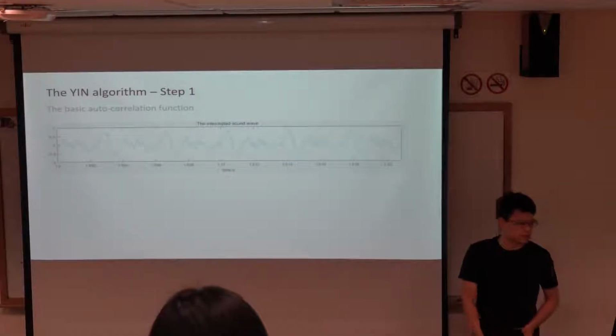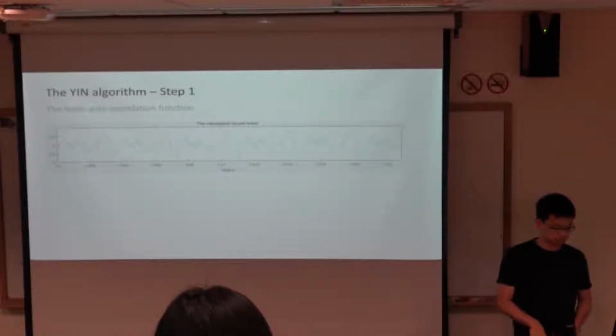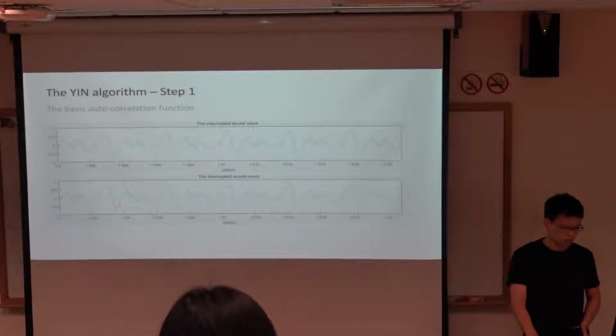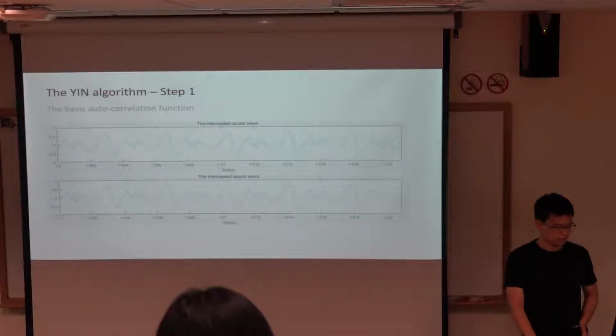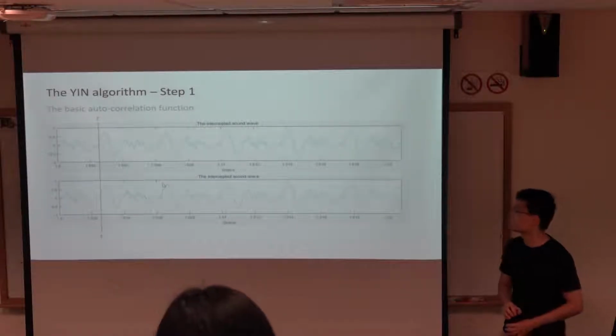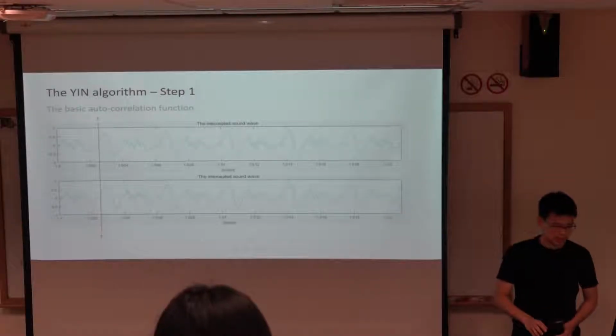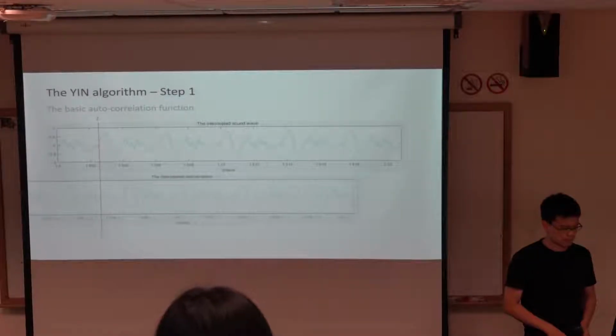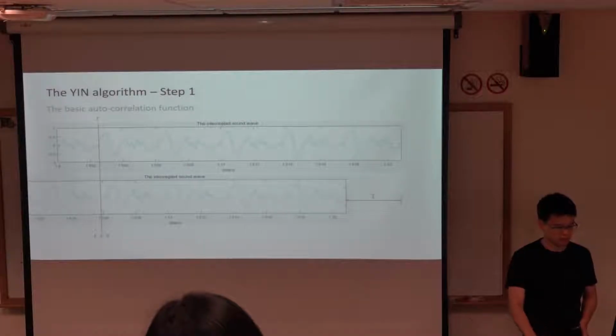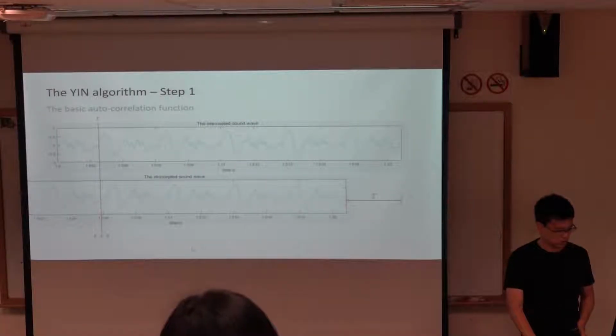So let's look at a signal. I choose a timestamp t, and I shift the signal itself by tau beats. Here it becomes t plus tau, right?